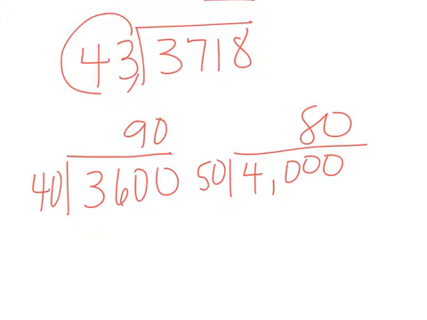And we know that our answer is going to be somewhere between 80 and 90. And so that's an easy way to estimate when you're doing division.